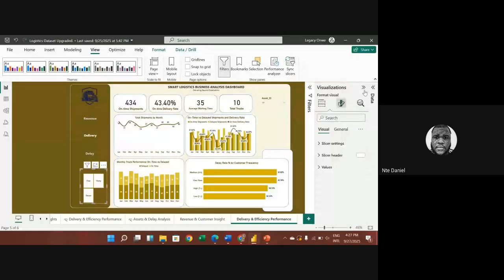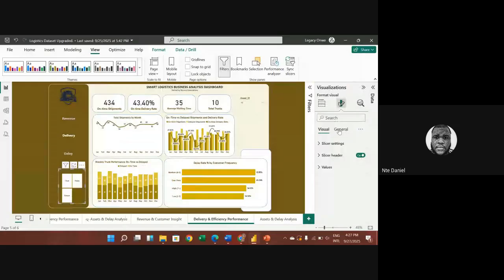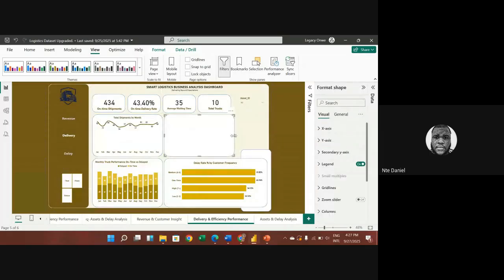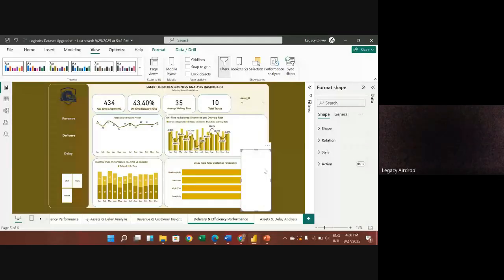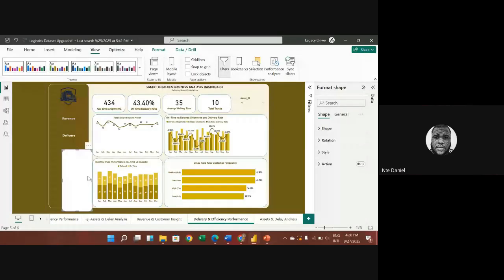Now extend that chart more. Which chart? The chart beside your slicer there, the one with the on time versus delayed. Now extend the actual chart.